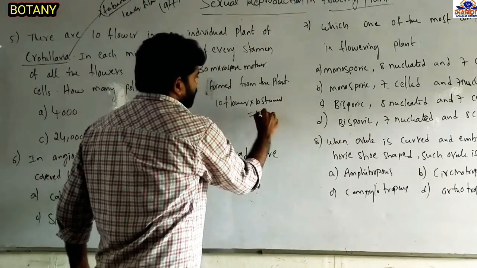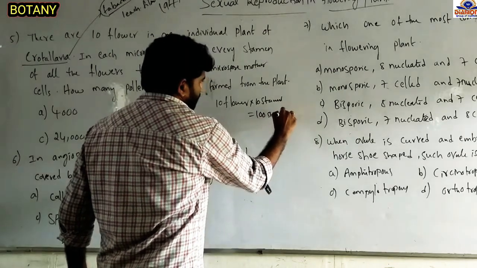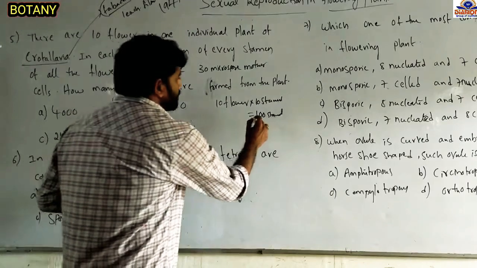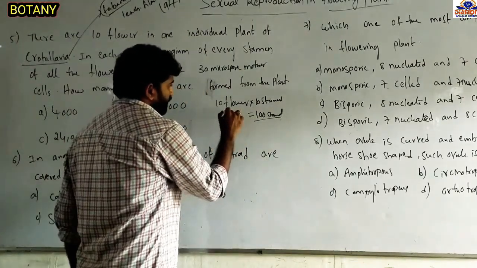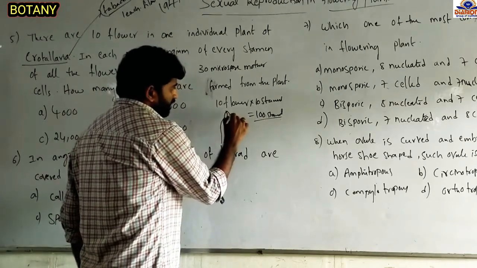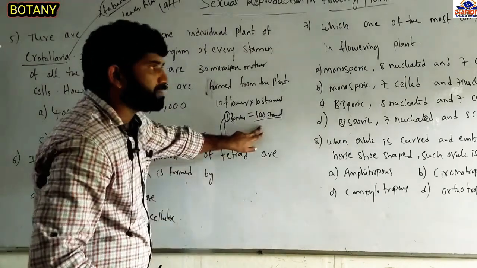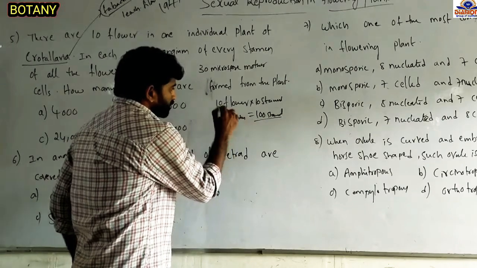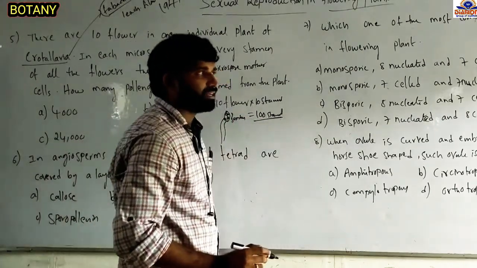So the number of stamens is 100. Another hint: when we see the structure of the stamens, each stamen has a filament and an anther. The anther contains 4 thecae. So 100 stamens are present.